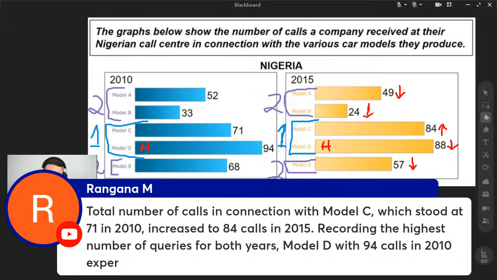Okay, Ranjana. So you need an article at the beginning. The total number of calls in connection with the Model C, yeah, it's actually, you're fine. So the total number of calls in connection with Model C, which stood at 71 in 2010, increased to 84 calls in 2015. Yes, and I like that you've put 71 in 2010, which stood at 71 2010.